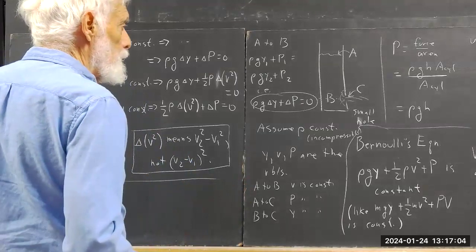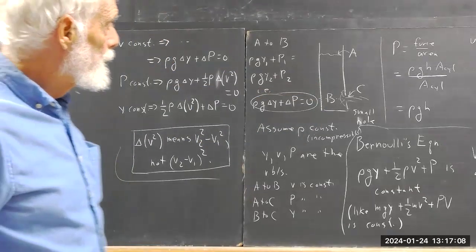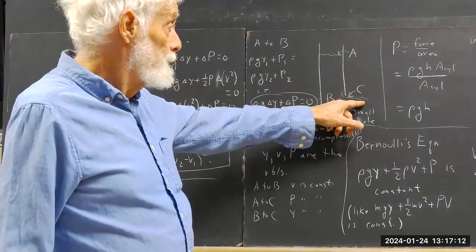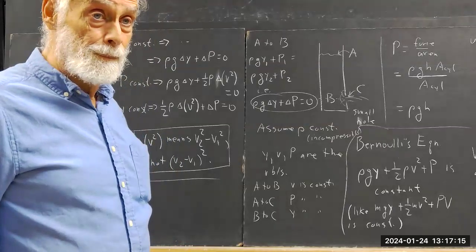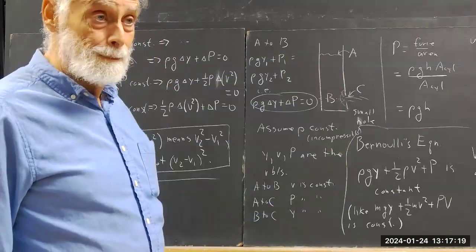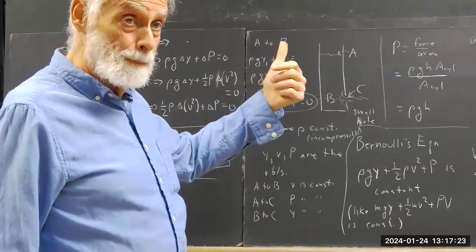Well, let's go back to this one. Between A and C, P is constant. What happens to Y? Up or down? What happens to V? Has to go up, does it?